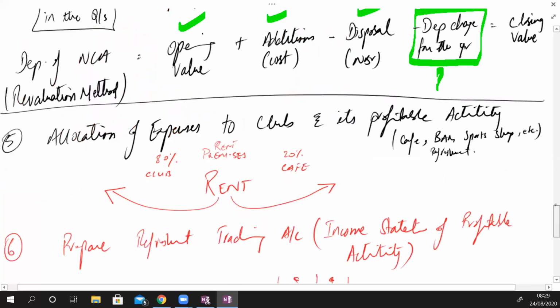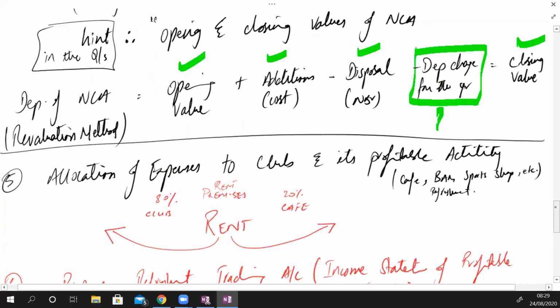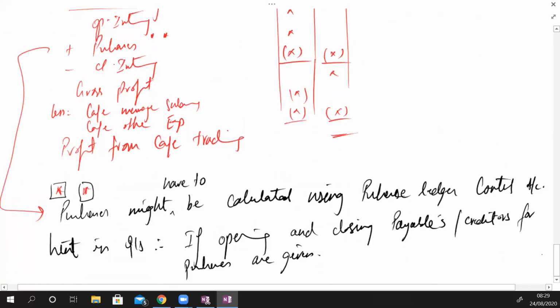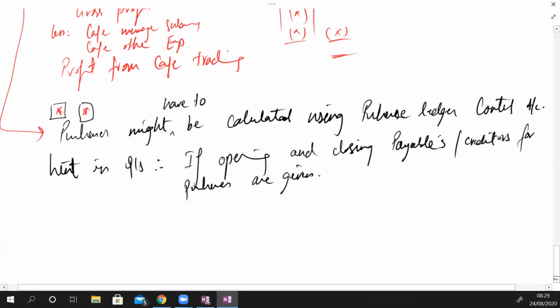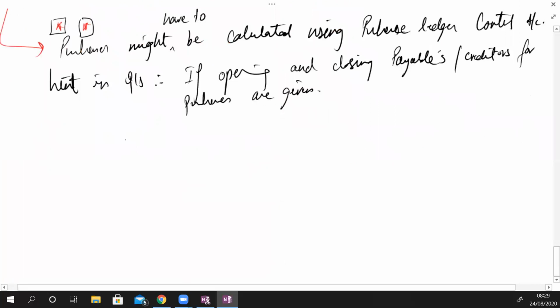Just like the depreciation wali hint, I told you if you'll have opening and closing values of non-current asset in a question, there's a hint that you have to calculate depreciation. Similarly, another hint in the question would be they would never ask you to calculate purchases. If they have given you opening and closing values of payables, you have to make a purchase ledger control account, and then you have to calculate the value for purchases.